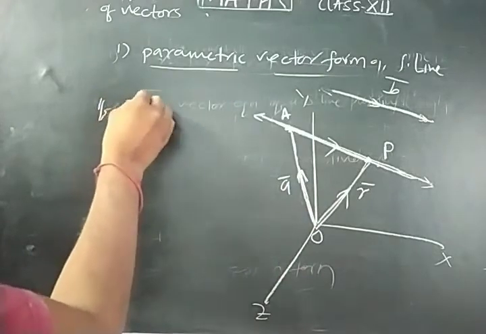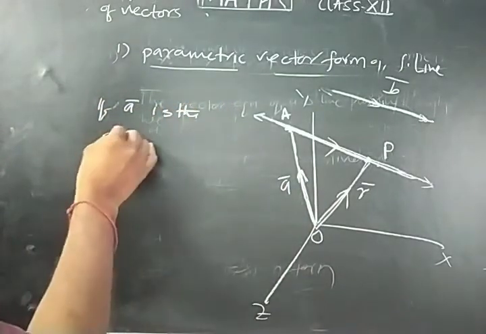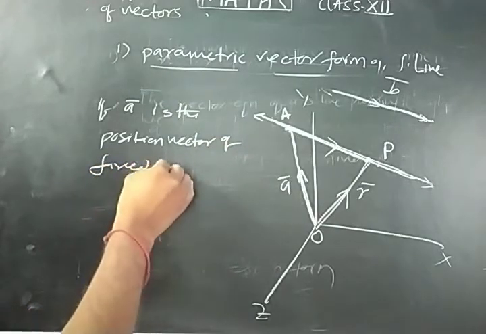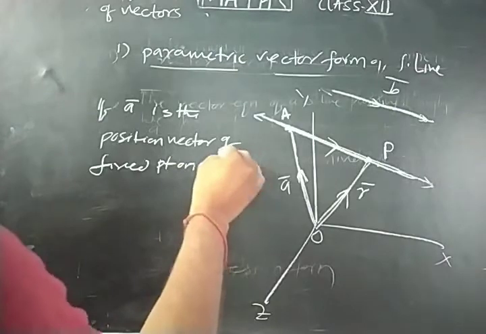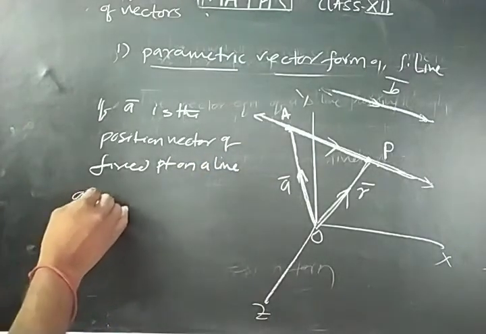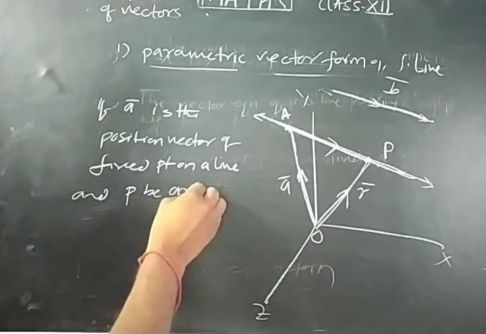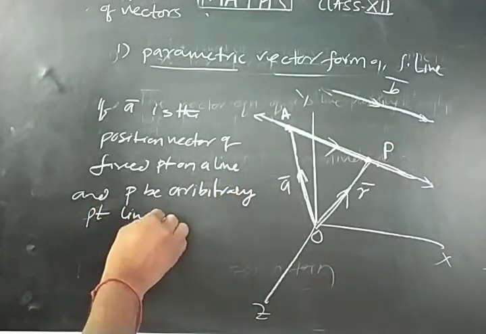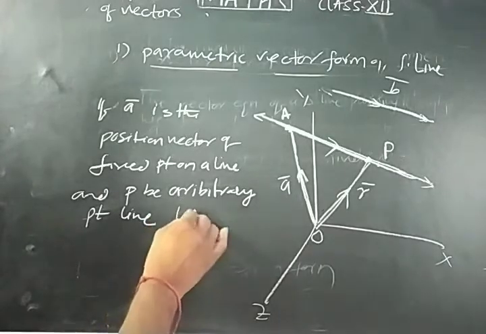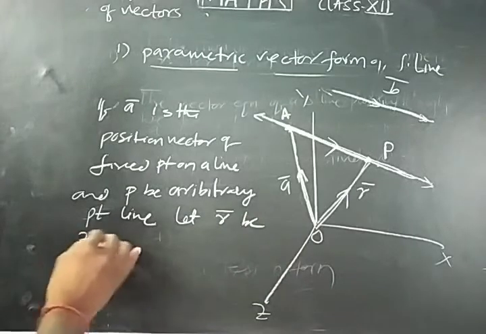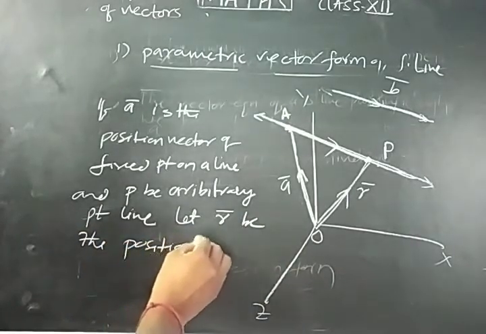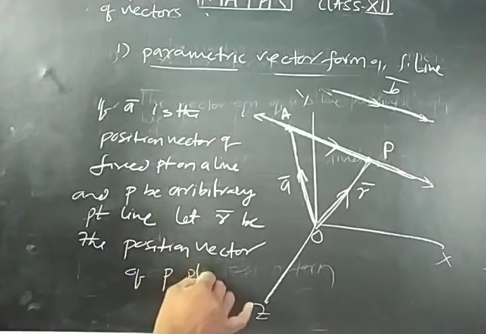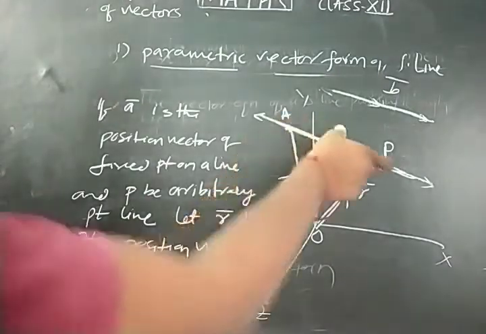If a bar is the position vector of a fixed point on a line, and P is an arbitrary point on the line, let r bar be the position vector of P. Now I need the vector form of AP.